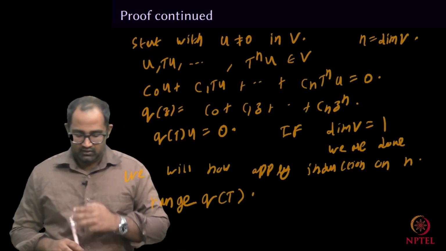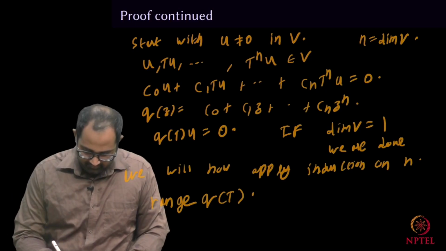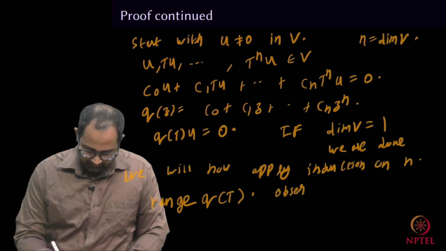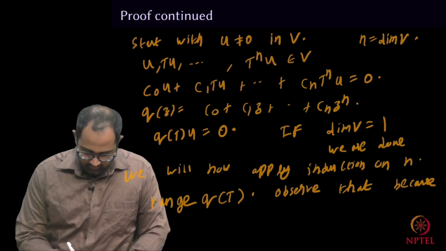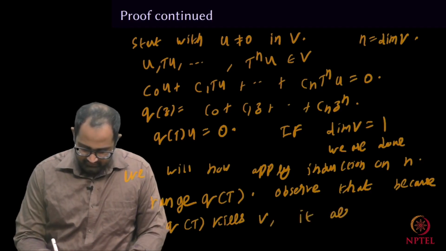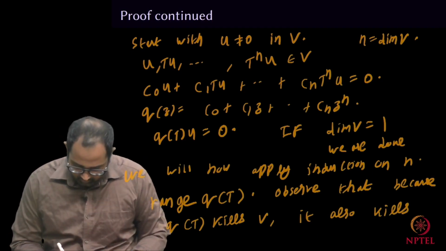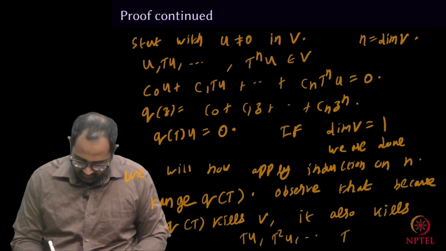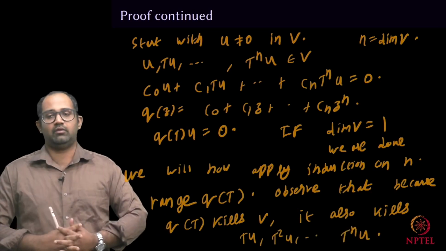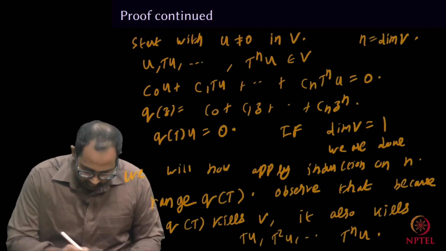Now, first of all, observe that because q of t kills V, it also kills tu, t squared u, dot dot dot t power nu. Why is that? We know that q of t kills V.